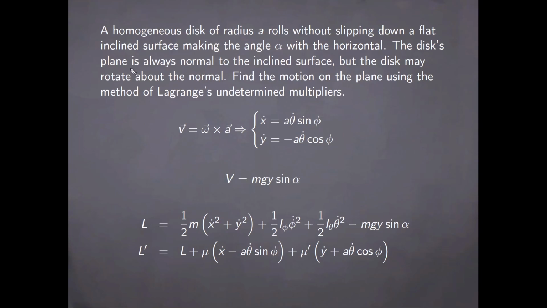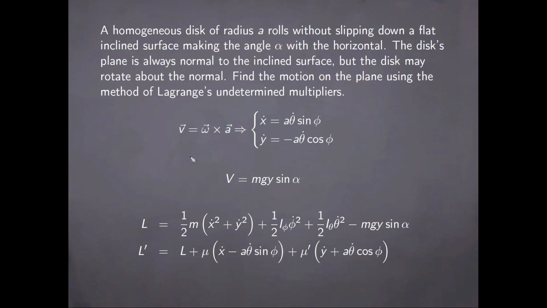For an example regarding how to properly solve the equations of motion, we can look at the case of a homogeneous disk of radius a, which is set to roll without slipping down a flat inclined surface, making the angle alpha with the horizontal. The disk's plane is always normal to the inclined surface, but the disk may rotate about the normal. So we are to find the motion using the method of Lagrange's undetermined multipliers.